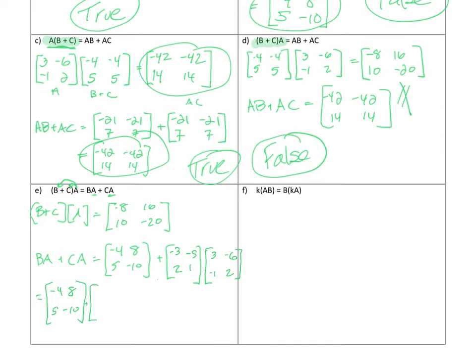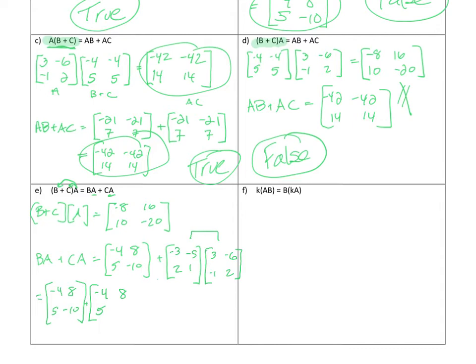Okay, I'm going to multiply these two matrices. So I have -9 plus 5 is -4. And then I have 18 minus 10 is 8. And then 6 minus 1 is 5.